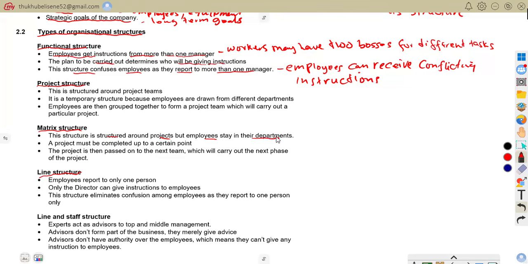Workers are grouped specifically for each project.